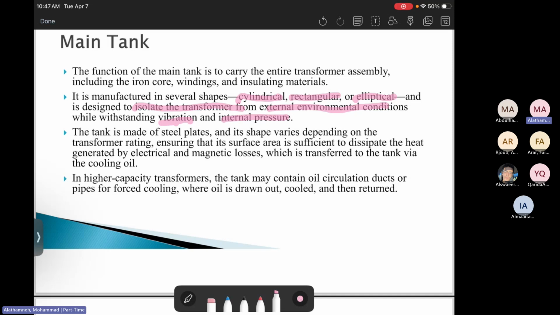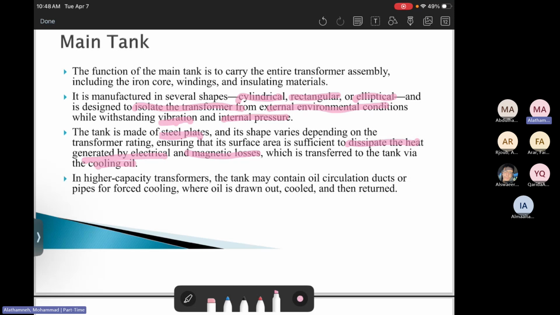It should also handle different weather conditions. The main tank is made from steel, and we need to make sure it is capable of dissipating the heat generated by the electrical and magnetic losses. It should be capable of handling the cooling oil as well.